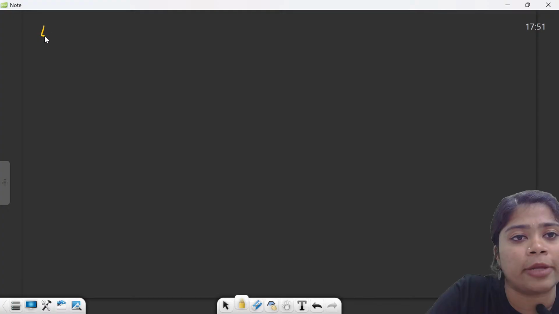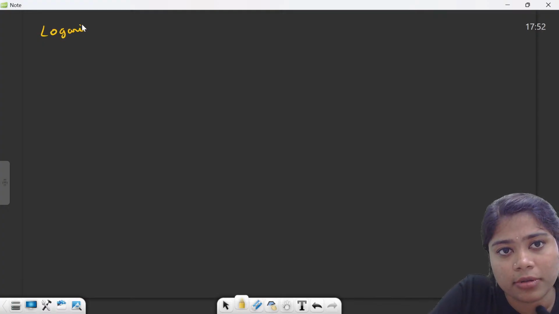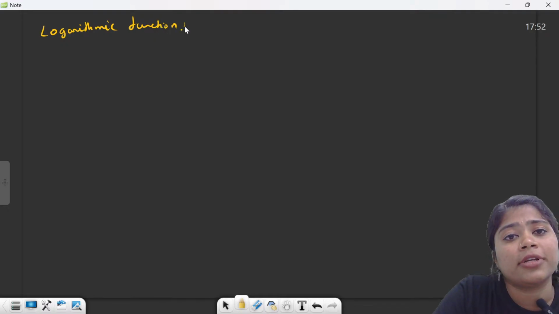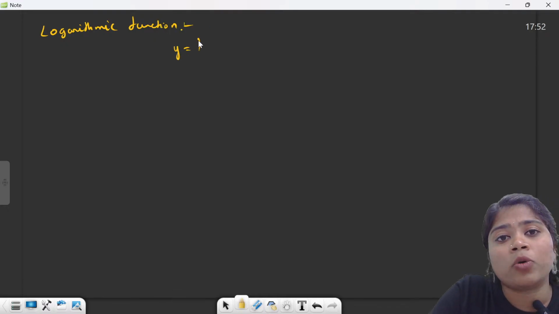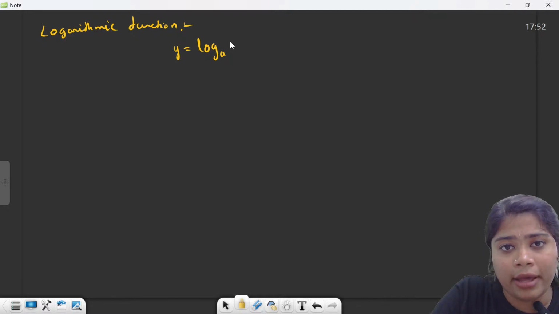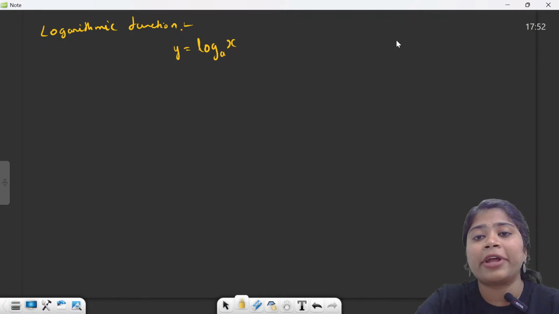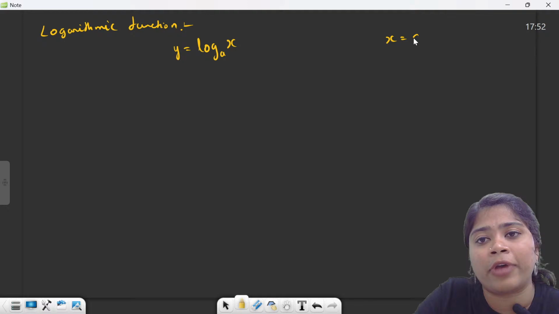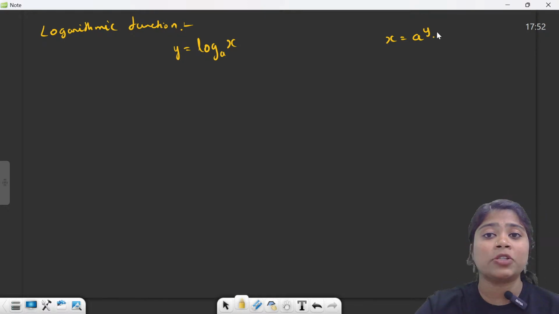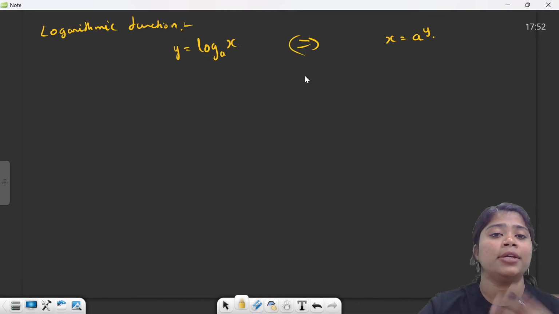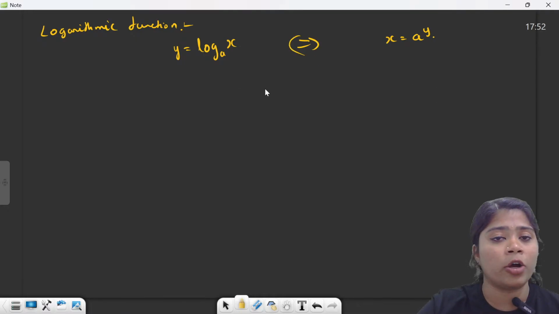So coming to the logarithmic function. What is logarithm actually? y is equal to log base a x: I'm trying to write x in terms of a power y, so that y is the output. If I can write like this, that is logarithm.